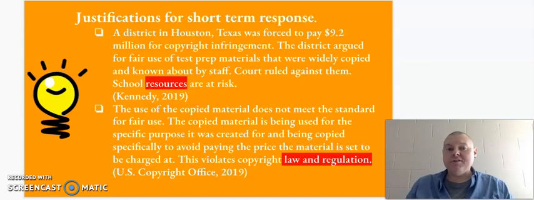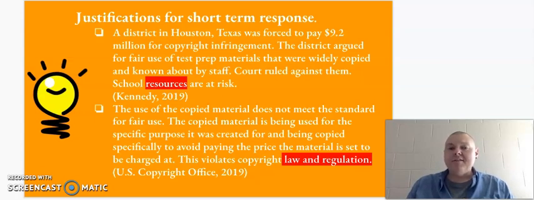Here are the justifications for this short-term response. Note that the words highlighted in red relate to the area of learning for this particular case study. A district in Houston, Texas was forced to pay $9.2 million for copyright infringement.